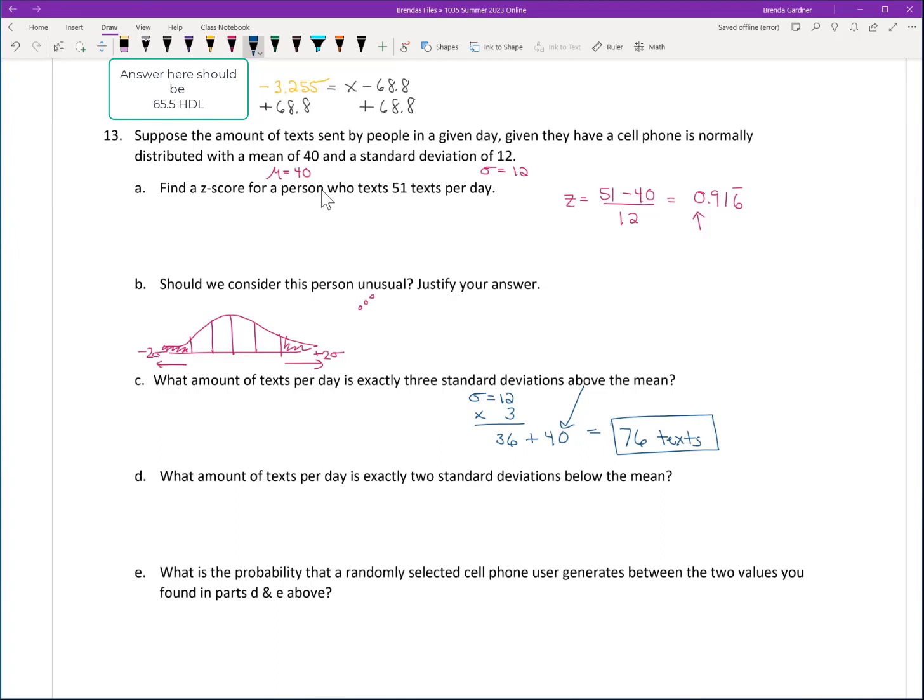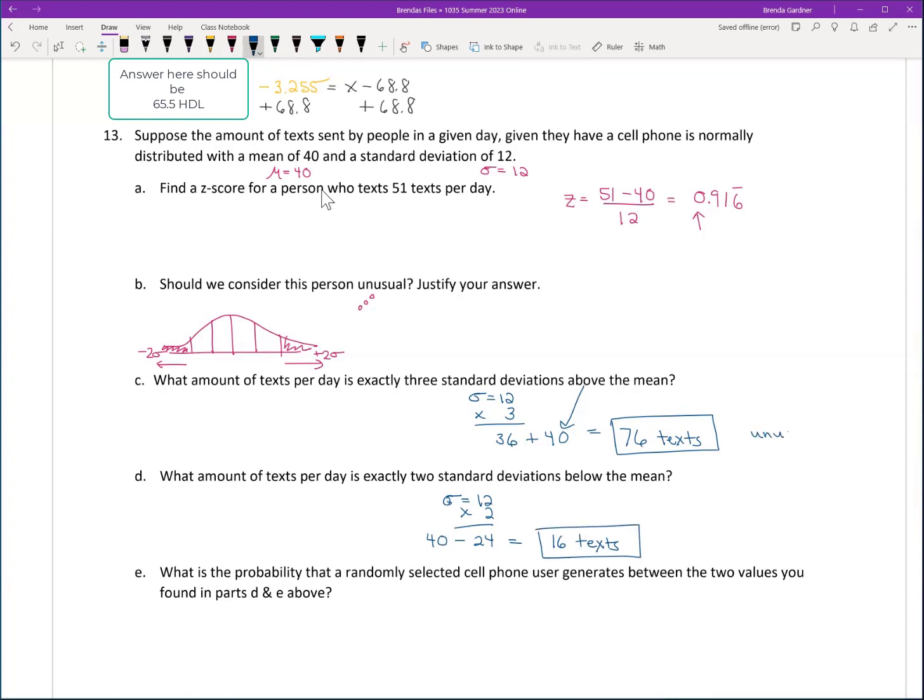2 standard deviations below the mean, if a standard deviation is 12: 2 of those is 24, but it's below the mean, so I'm going to take the mean minus 24. So if I'm only sending 16 texts per day, I would be 2 standard deviations below the mean.